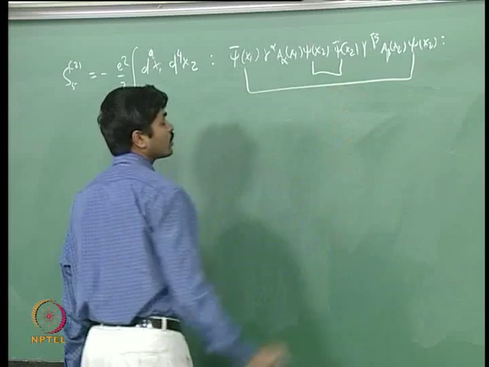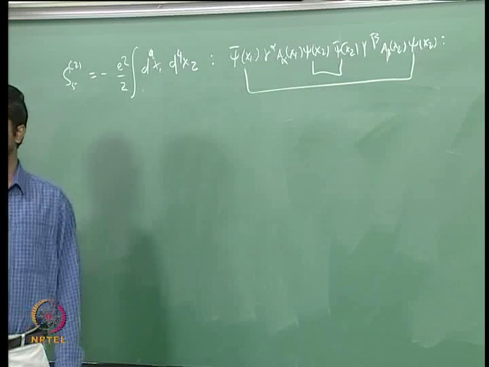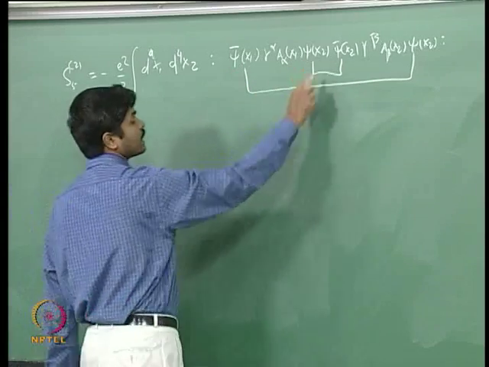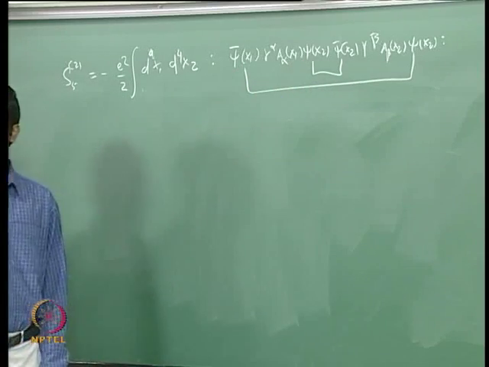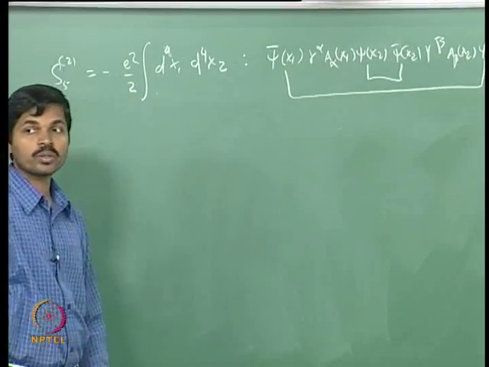So there is no outgoing electron or positron at all in this process, because all the psi's and psi bars are contracted with each other, whereas there is one incoming photon and one outgoing photon.